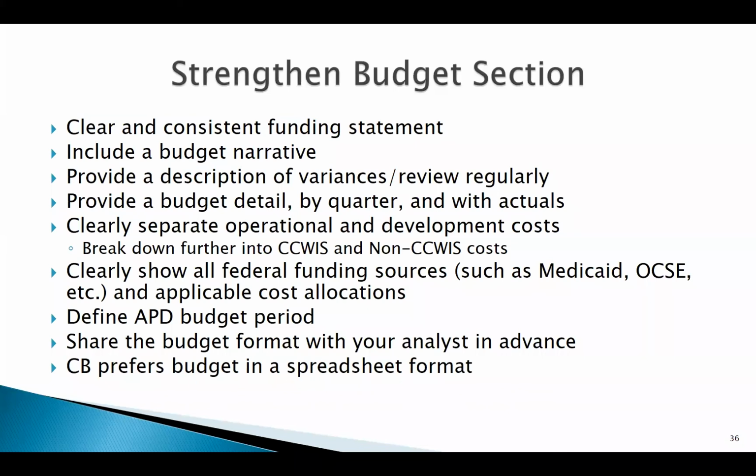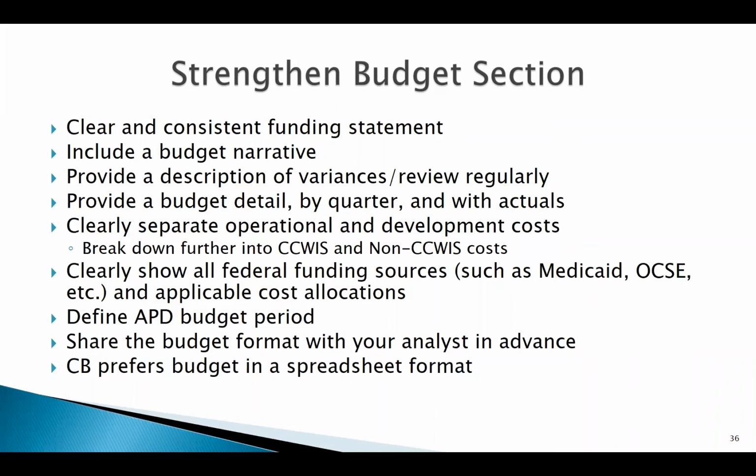Sometimes we get APDs and we need to have a budget narrative and it needs to be updated, describing the line items on your budget. And it's noting if there are differences in estimated and actual cost, those kinds of things we use that budget narrative for.